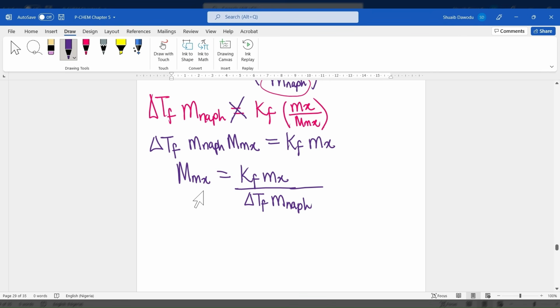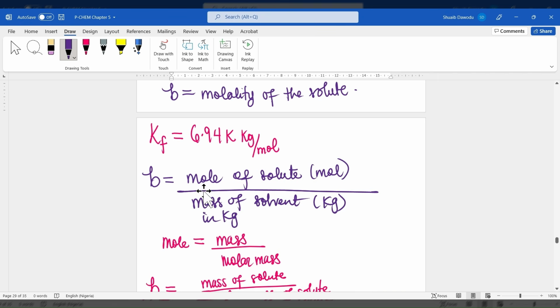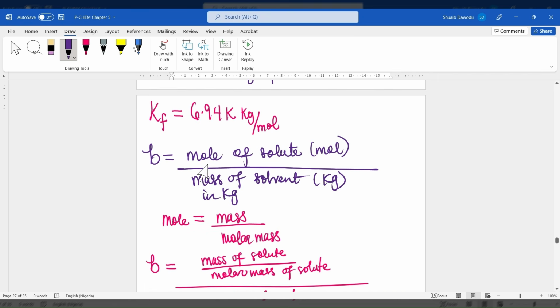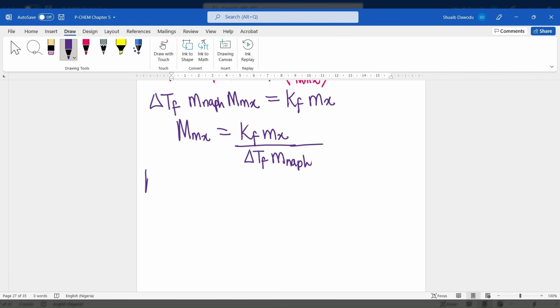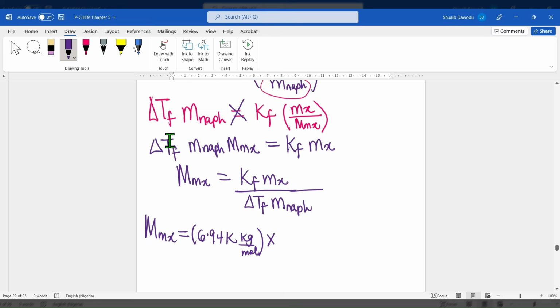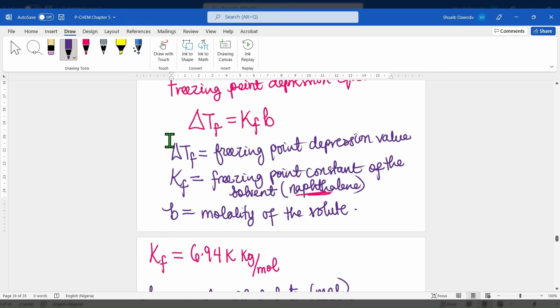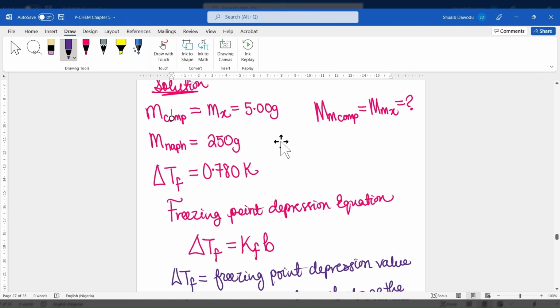The K sub F, going back up, is just our value, 6.94 Kelvin kilogram per mole. So M sub X is just 6.94 Kelvin kilogram per mole, multiplied by M sub X, which is simply the mass of the compound, which we're given at the beginning to be 5.00 grams.